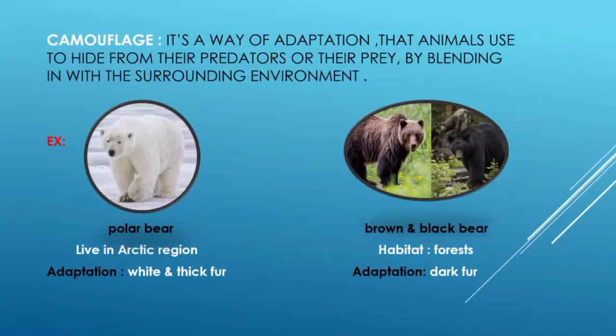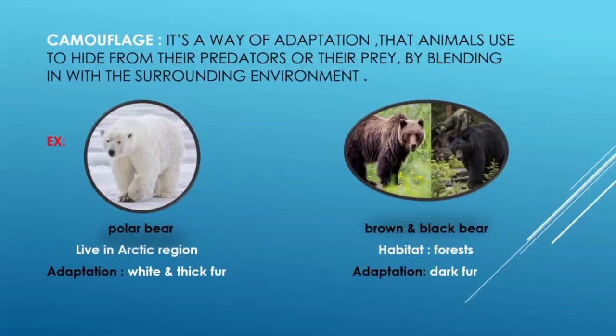It has white fur to make it hide from its prey, so the polar bear can easily sneak up on its prey and eat it. And thick fur to keep it warm in this cold environment.